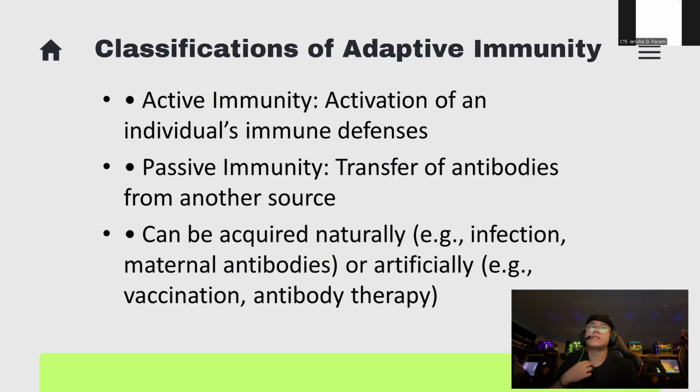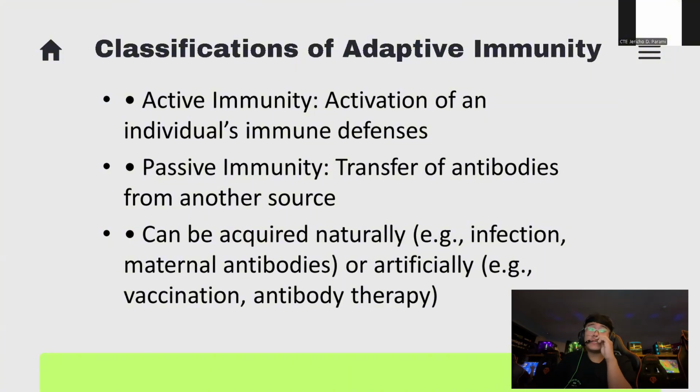A child can also naturally acquire a disease, for example HIV/AIDS, because it is from the mother. If they are still in the womb, the child can also get HIV/AIDS.